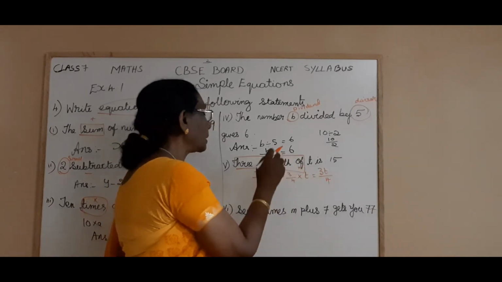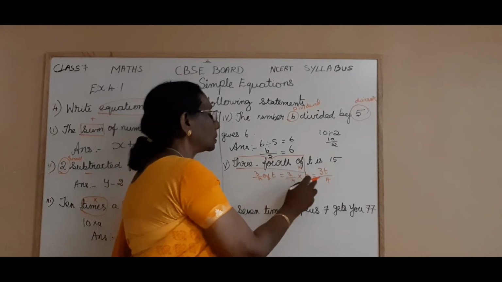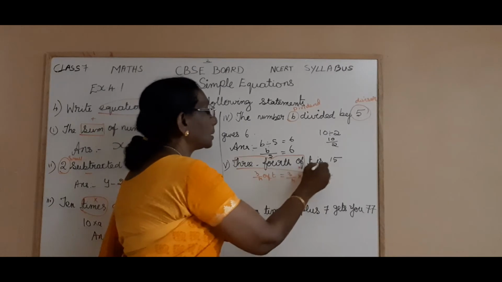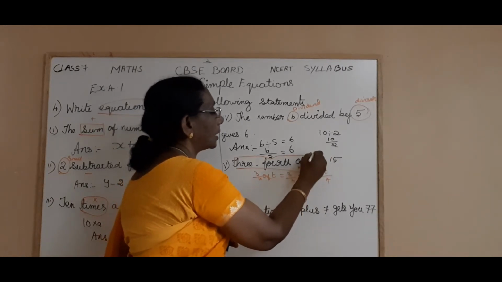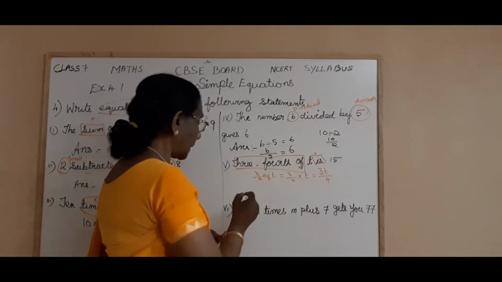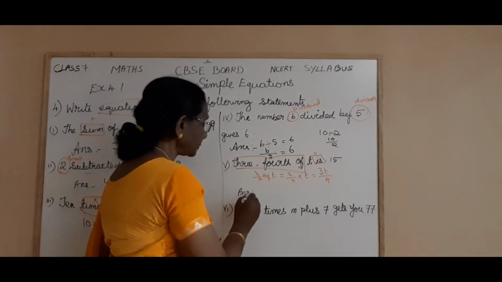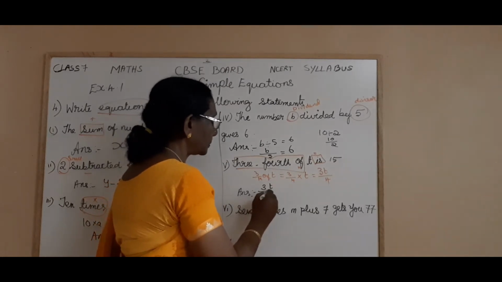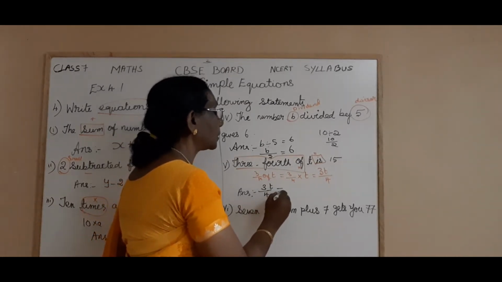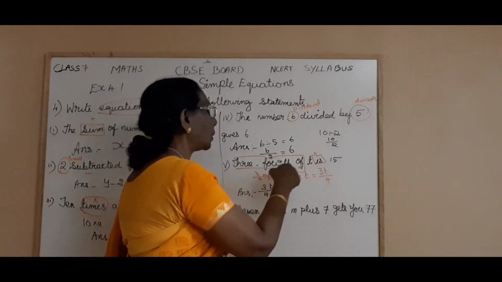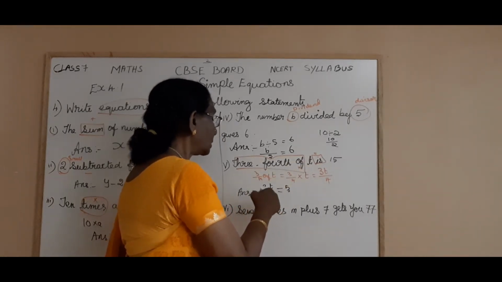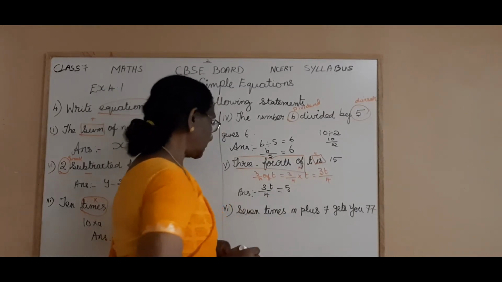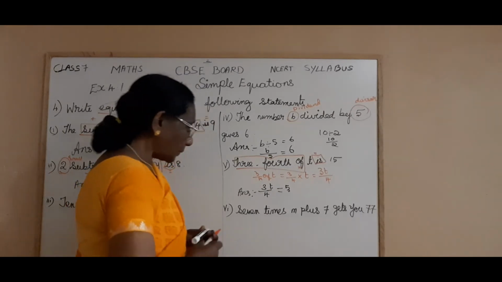What are we multiplying? 3/4 and t. So this is equal to 3t by 4. Is means what symbol? Equal. So now you can write the answer as 3/4 t is equal to 15. 3/4 of t, 3/4 t or 3t by 4 is equal to 15. That is the answer.